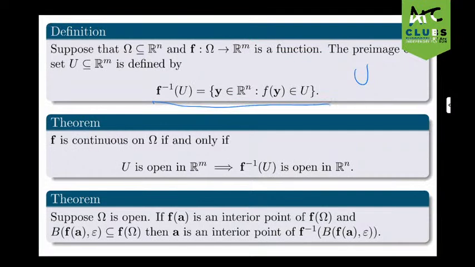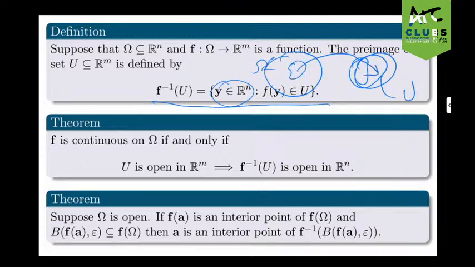It's a set of points in R^n, or more strictly, a set of points in the domain of f, such that f(y) is inside U. So this is my U, and this is my domain omega. I'm trying to find the set of points that f maps into U. This is the pre-image of U.